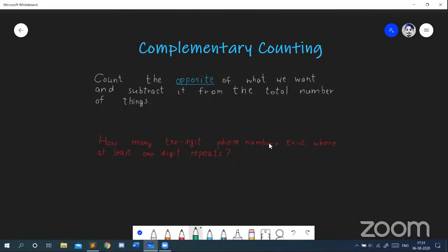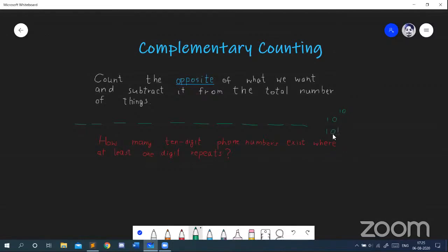Except that last time we did a problem of how many phone numbers exist, and we said that if I had to make 10-digit phone numbers, then the answer was 10 to the 10, right? But if digits didn't have to repeat, then we said the answer was 10 factorial. I hope you remember that, right?